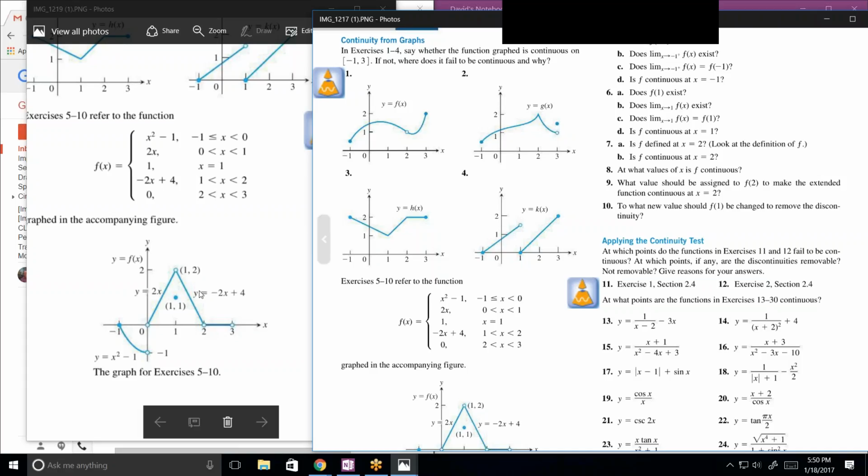Yes, because I could draw it without lifting my pencil. So the only thing I would have to do is make f of 2 defined, and it would have to be equal to 0. If I make that a closed dot, then I have continuity. From this point here, I can draw it to this point here without lifting my pencil.